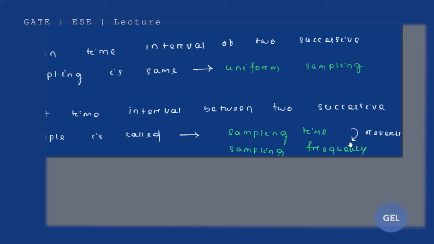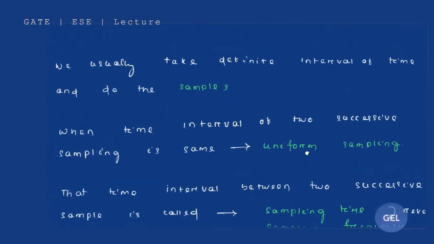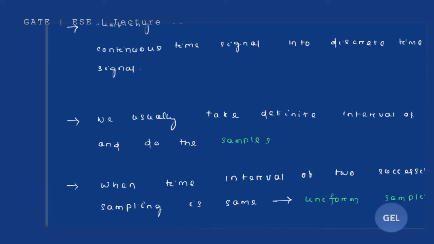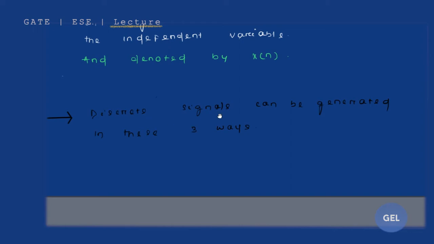That is, the reciprocal of the sampling time is known as the sampling frequency. What are the terminologies that we have learned? Uniform sampling, sampling time, and sampling frequency. What is a sample, and three methods through which we can generate discrete signals. This is what we have studied so far.